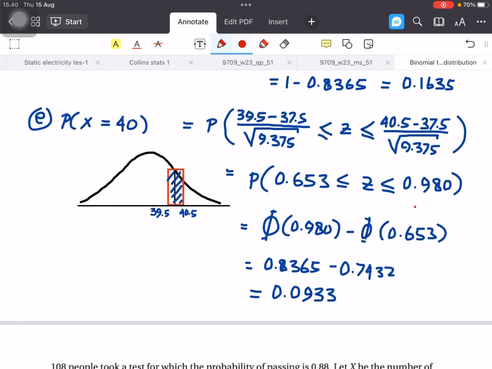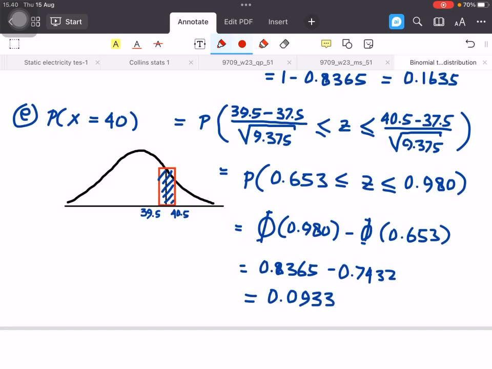And what if the question asks you to find probability X is equal to 40? Actually, without approximation, we can easily find probability X equals 40 using the formula in binomial distribution.